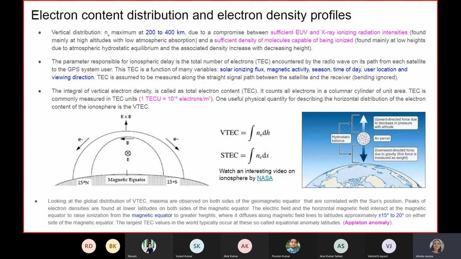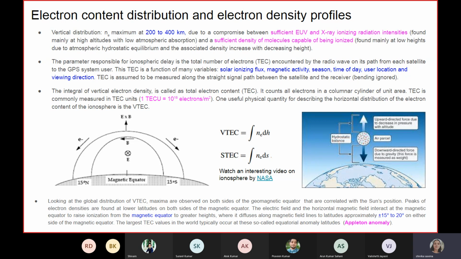Peaks of electron densities are found at lower latitudes on both sides of the magnetic equator. At the equator we have 0 degrees, so lower latitudes means closer to 0 degrees. At approximately 15° north and 15° south, these peaks of electron density occur.